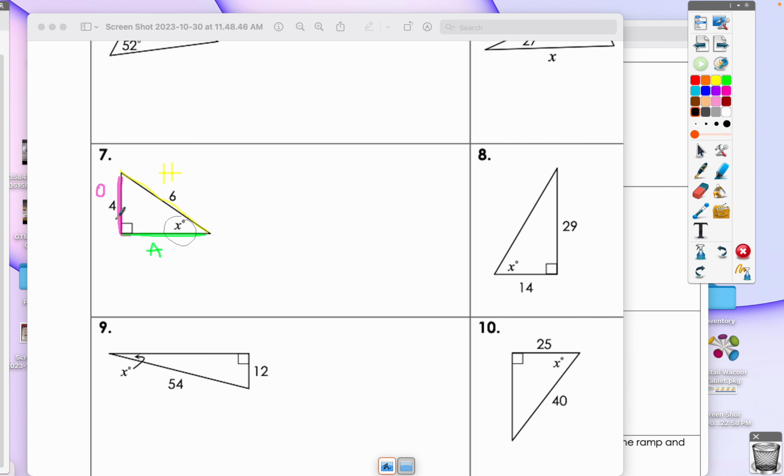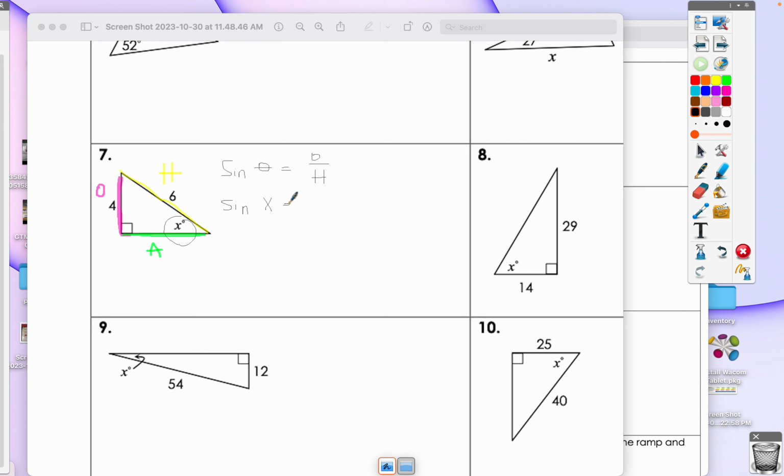This is your opposite over your hypotenuse. So everybody use sine theta, and that is your opposite over your hypotenuse. And these are the 3 things we're going to plug and chug. You know us math teachers, we always use that word. I'm going to replace the theta with the X because this is what I'm trying to find, the angle.